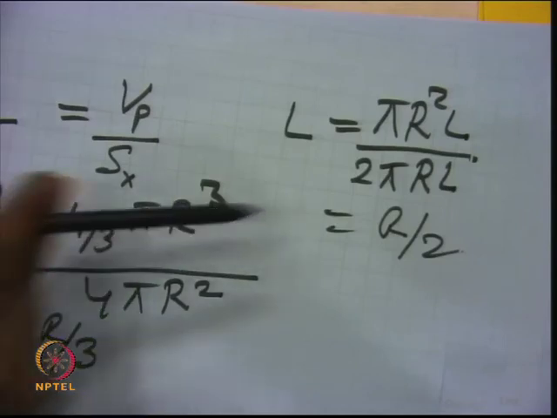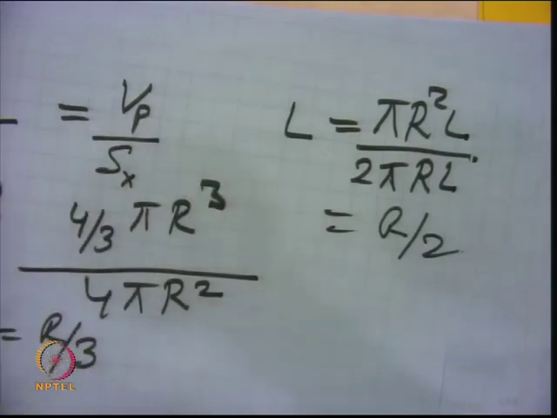Same thing for a slab or rectangular geometry, that will depend on the thickness and the plane through which the diffusion is taking place. So, area into that depth, finally it becomes the thickness of the slab. So, this L is the thickness of that slab through which the diffusion is taking place.